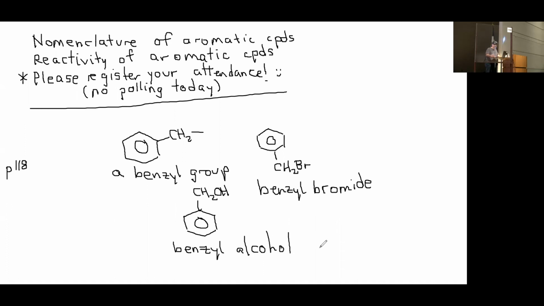Benzyl alcohol is much more similar to methanol, ethanol, isopropanol, all those guys, than phenol is. But you see why this is confusing. Benzyl bromide sounds like it should be this. At least if you're not careful, it sort of sounds like it should be this. But that is not benzyl bromide, that is bromobenzene. So it's a darn shame, but we're stuck with it.